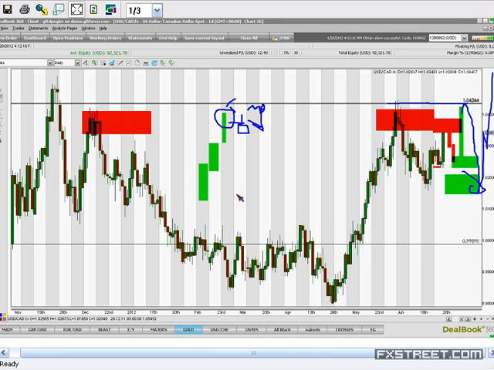Okay, what about this one? Three greens, red, red, green. What color would the next candle be?